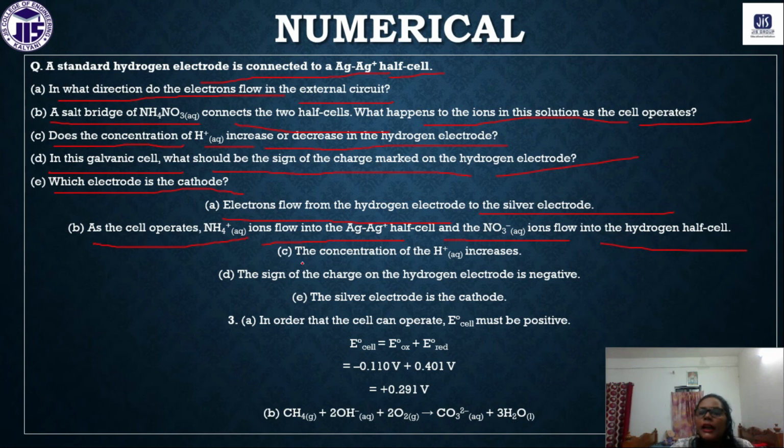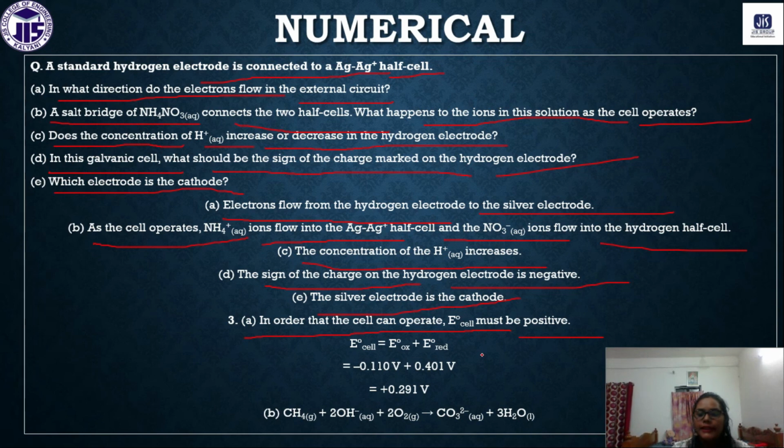Third question, the concentration of H plus obviously increases. The sign of the charge on the hydrogen electrode is negative. The silver electrode is the cathode. If you check the reaction, you can see the silver electrode is the cathode. In order that the cell can operate, E0 cell must be positive. Okay, so these are the questions that we have.